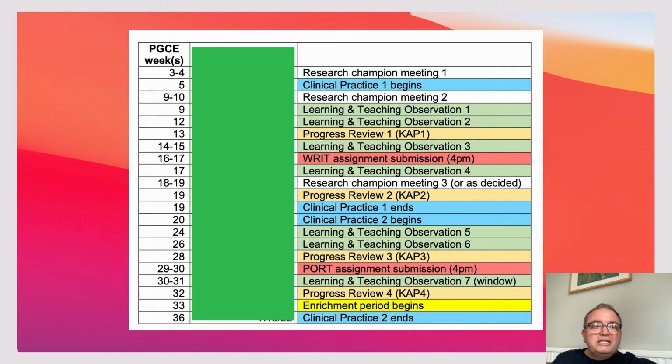Now these are completed again by your mentor, and these are submitted to the university, and these are overviews really of how you've been doing over the past few weeks within your teaching practice. You can also see that you have 2 assignment dates there, the written assignment and the portfolio assignment for the course. And then right at the end, we have clinical practice 2 ending.